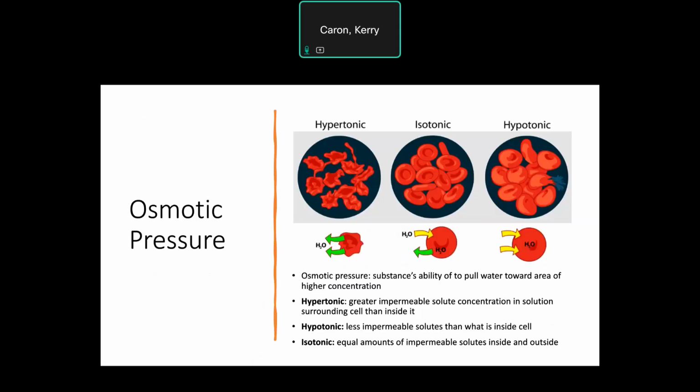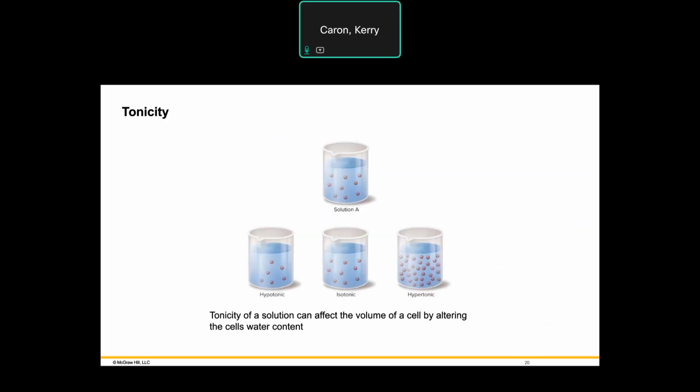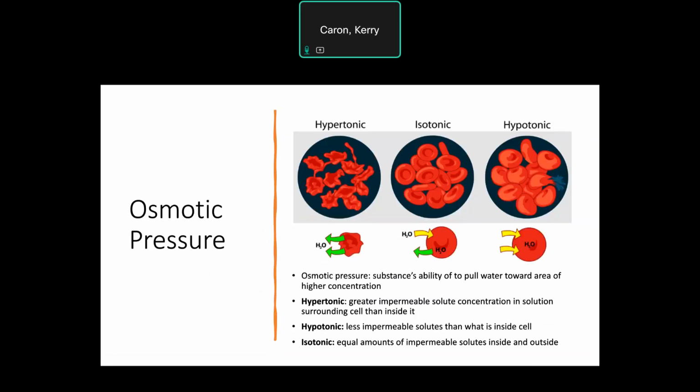Okay, so this is what happens to blood cells. If we put a blood cell in a hypertonic solution, so if you remember that hypertonic solution has a lot of concentration in it, it's strong, okay? What happens is the water with osmosis wants to go from the area of low concentration to higher.